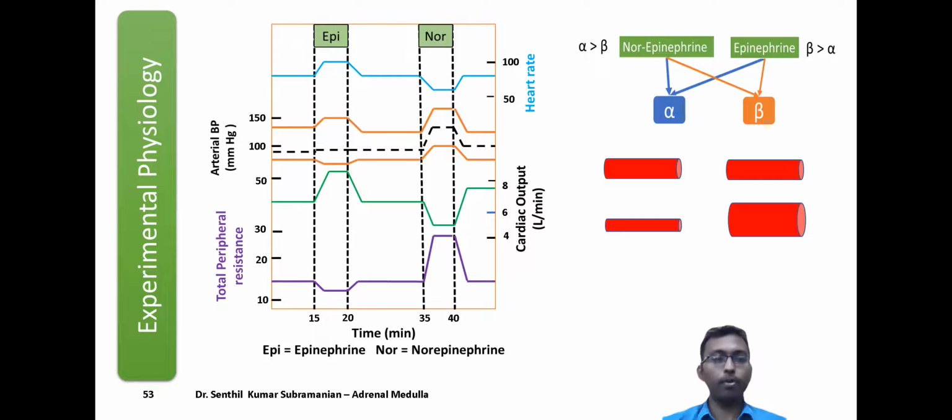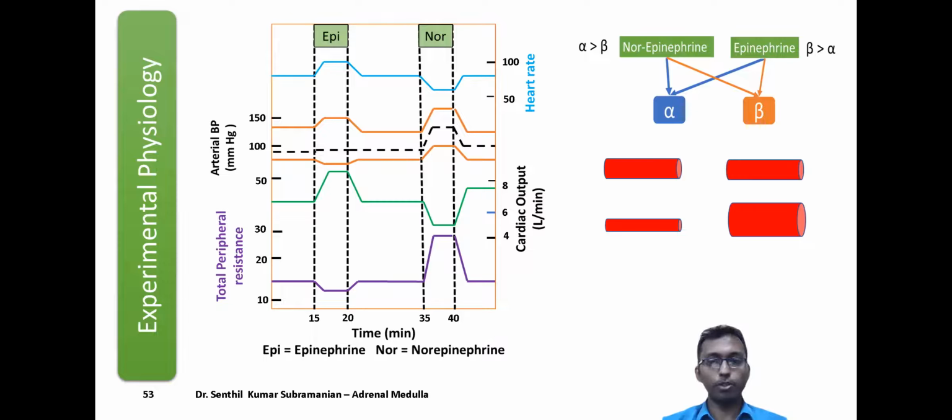The green color is cardiac output. For the arterial blood pressure, in brown, the first line is systolic blood pressure, the third line is diastolic blood pressure, and the middle dotted line is mean blood pressure. Since the systolic blood pressure mainly depends upon the cardiac output, which rises, the systolic blood pressure also rises.